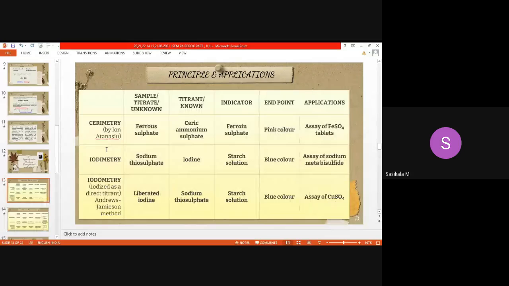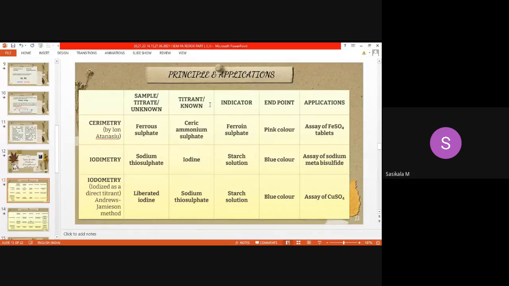In each titration, we will see what type of sample or titrate, the unknown concentration, we are going to determine, and what known concentration substance, the titrant, we are using. The burette content is titrant and the conical flask content is titrate.